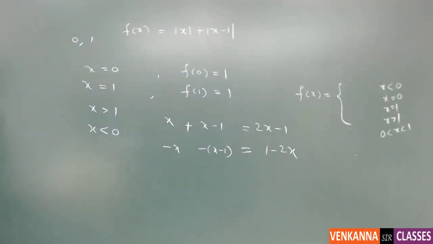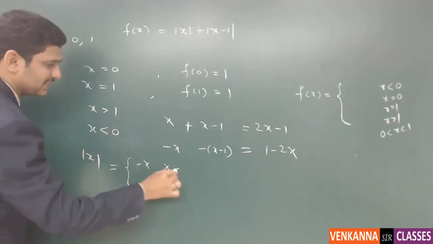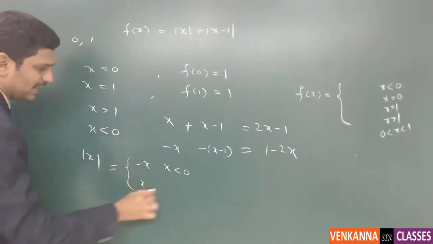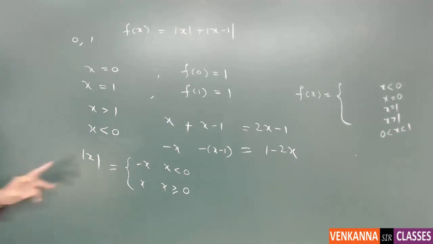Accepted? I think you know how the mod will be defined. We defined mod x in such a way that it is minus x if x is less than 0 and x if x is greater than or equal to 0. I think this definition is known to everyone. Am I correct? If not, you please take a note of it.